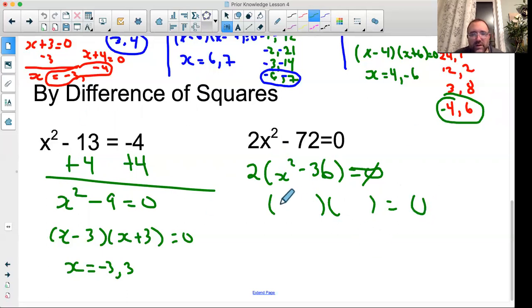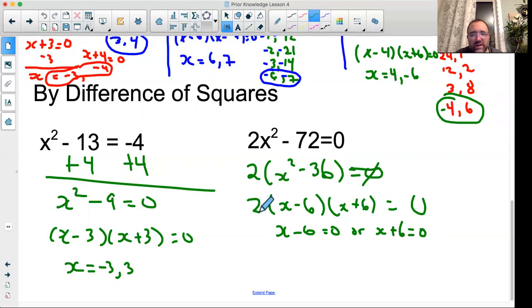So what's going to happen now is x. Now you ask yourself, which one is it? 6 times 6 is the key here. Plus 6, minus 6. So x minus 6 equals 0, or x plus 6 equals 0.